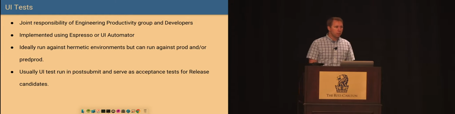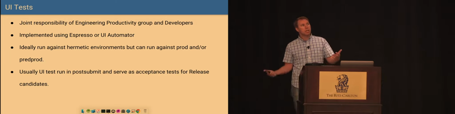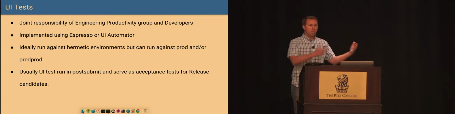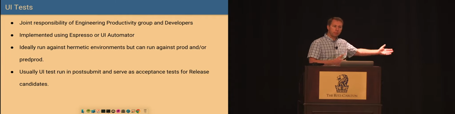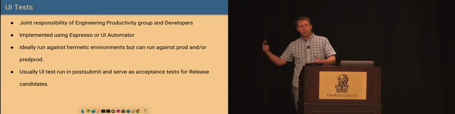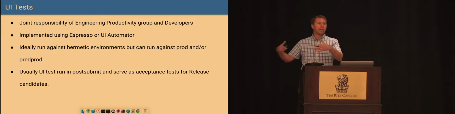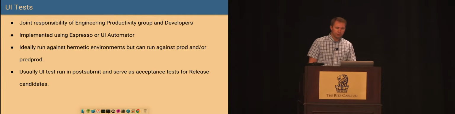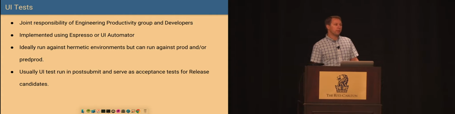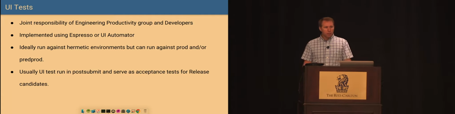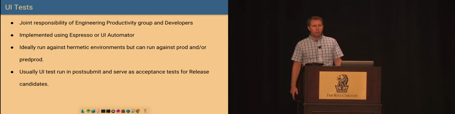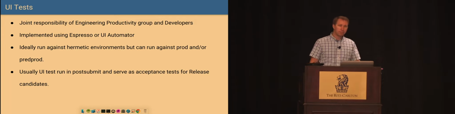So we want to make sure that we test compatibility between our SDKs, even older versions, with unreleased backends as well. That's why we test against the pre-prod version or head version of our backends. Usually UI tests run in post-submit because, as we already know, they're kind of slow.